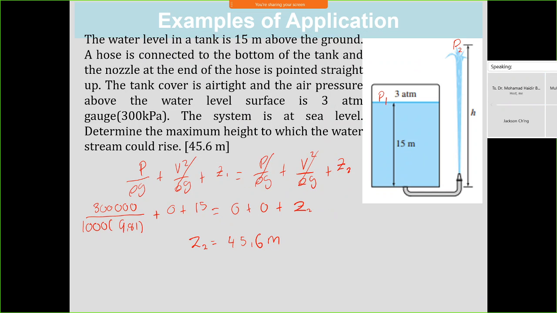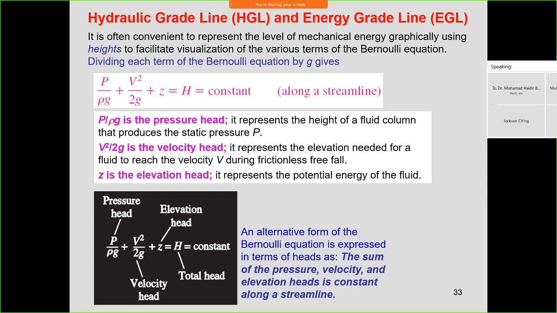Okay, continue our lecture. The last part is the hydraulic grade line and energy grade line. It's just information that you need to know in case you come to practice, in case you work with a water company or anything, for fluid from a tank to the household.